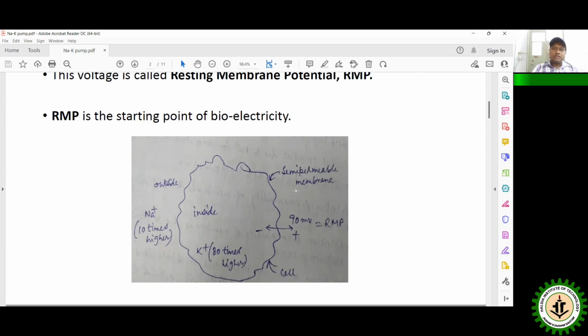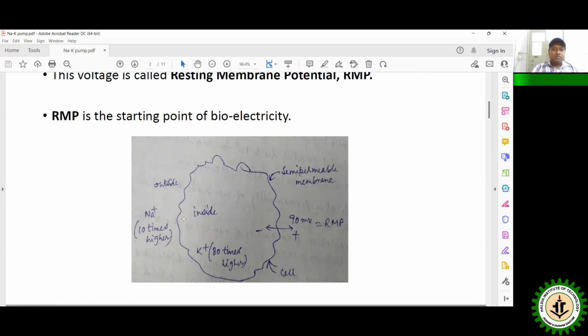Due to this, the potassium ion concentration inside the cell is 30 times higher than outside. And due to the same virtue, the sodium ion concentration is 10 times higher in the extracellular fluid than inside.